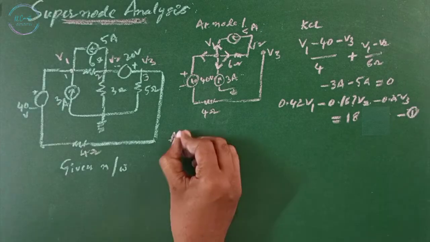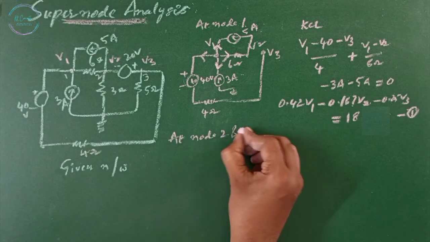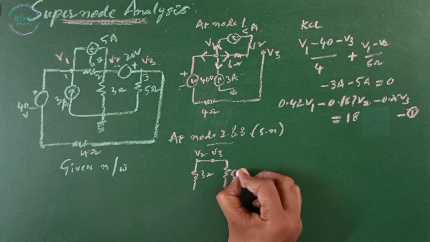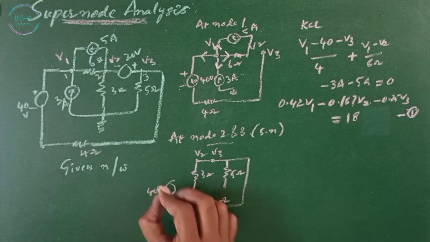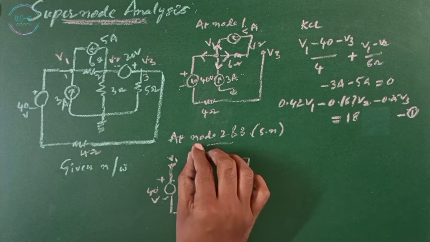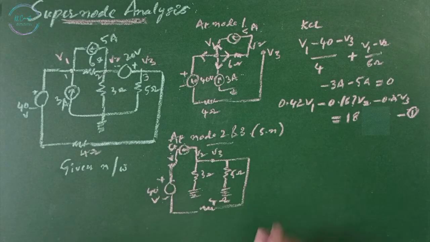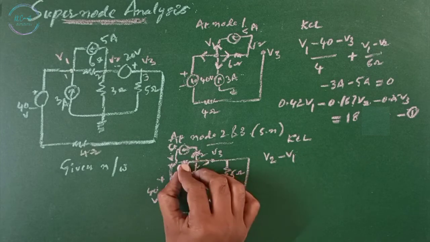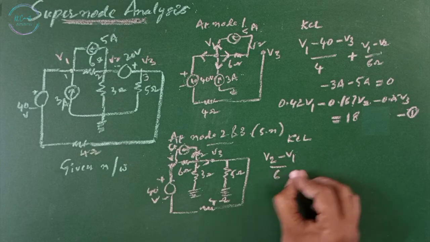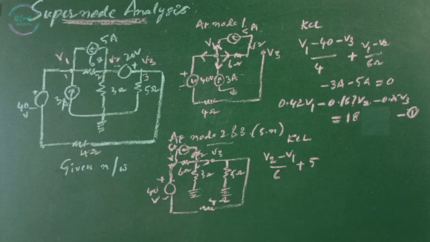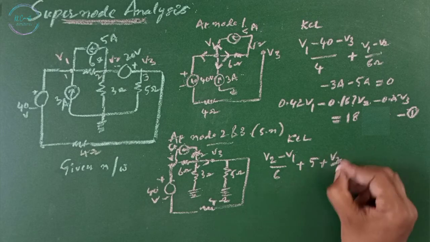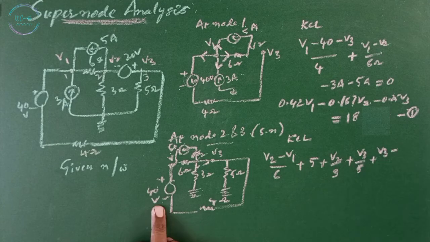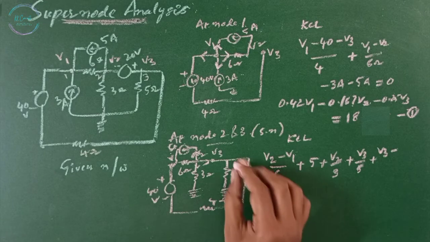This is equation number 1. At nodes 2 and 3, since it is a supernode, applying KCL: (V2 minus V1) divided by 6 ohms plus 5 amps going away from node 2, plus V2 by 3 plus V3 by 5, plus the 40, which is in the same direction, going away from V3.